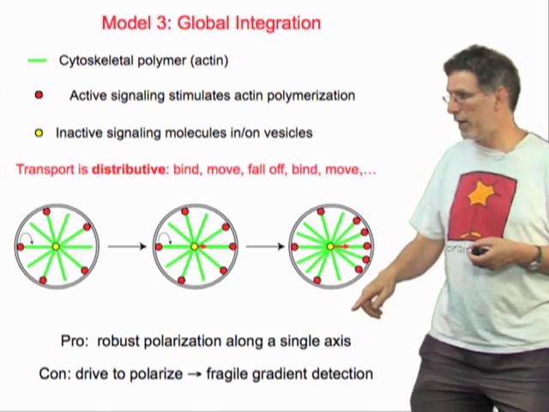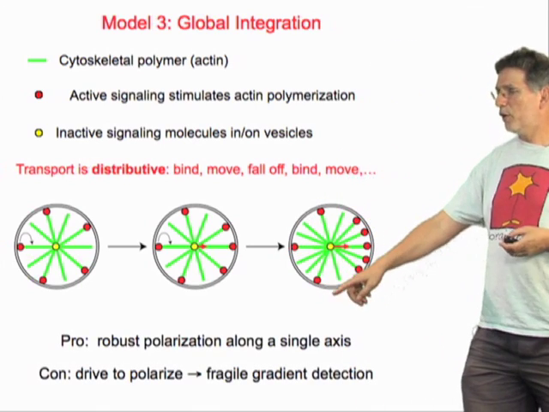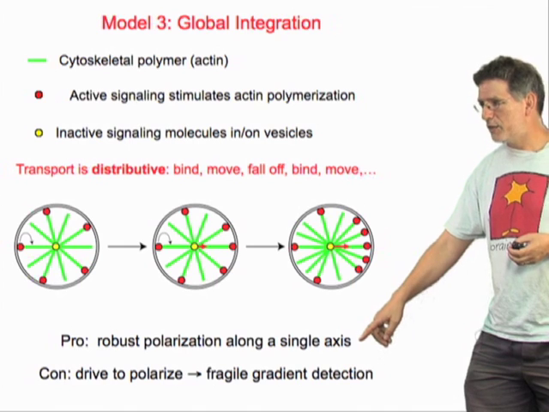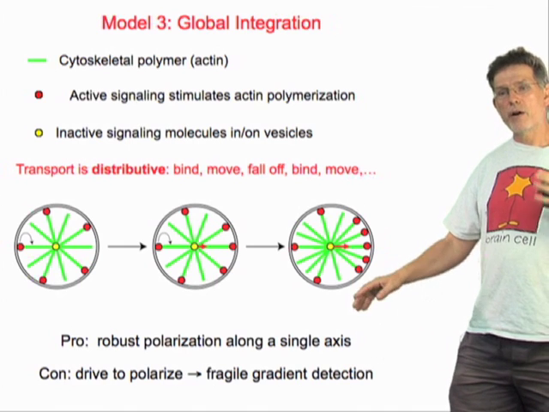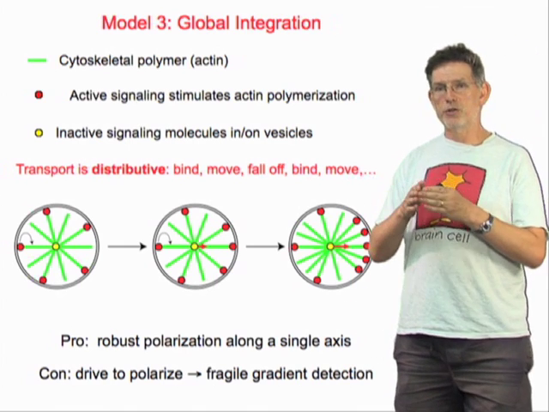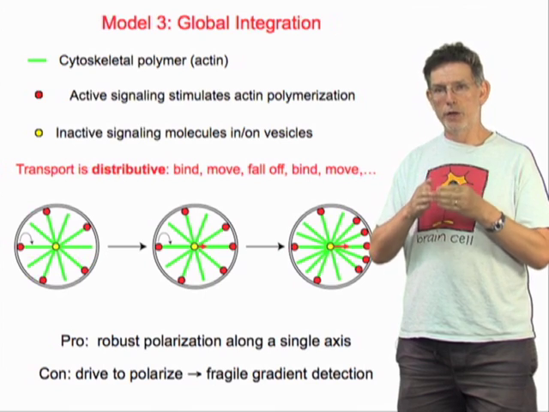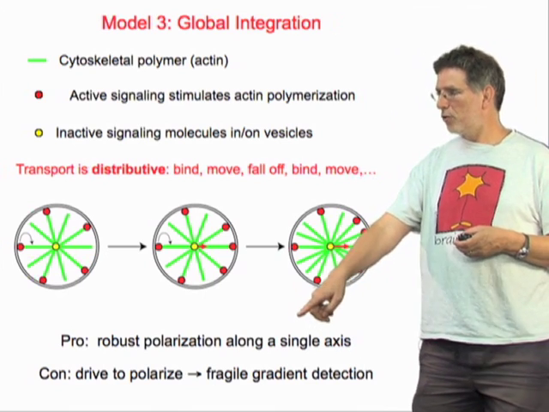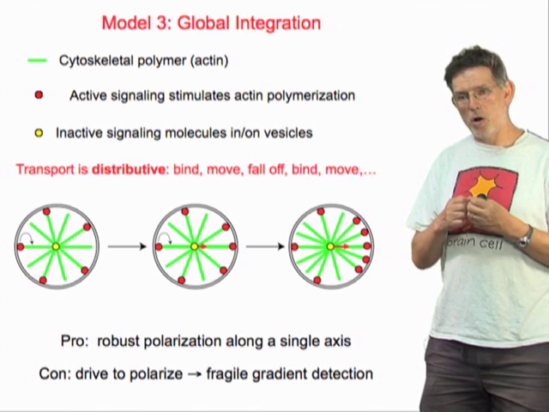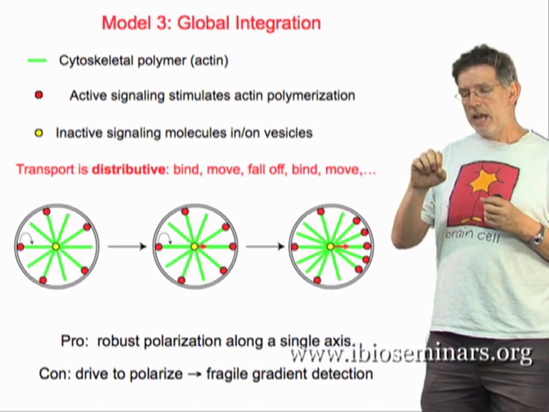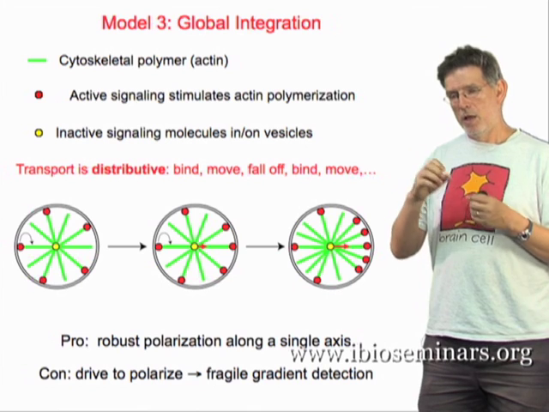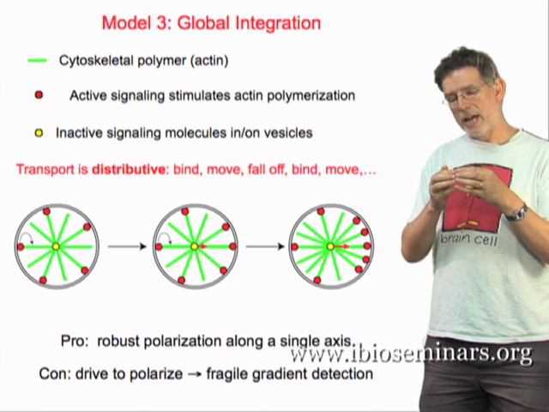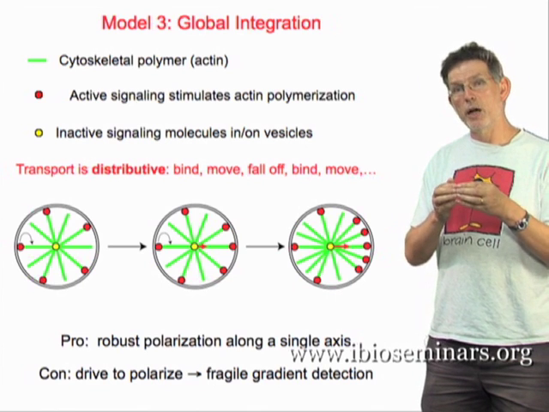Like every model, it has good things and bad things. The good thing is, without any sort of fancy fiddling with the math, there's a very robust drive of these cells to polarize in one and only one direction. The con is that that drive to polarize is so strong that it can overcome the asymmetry that's imposed on the cell by a gradient of pheromone.